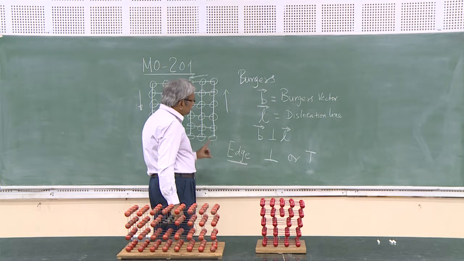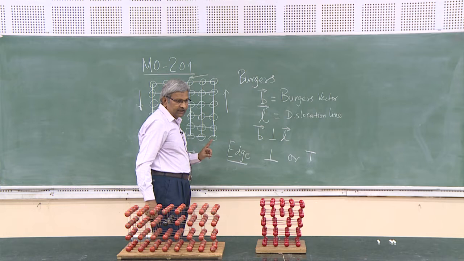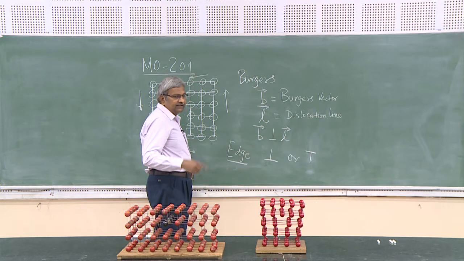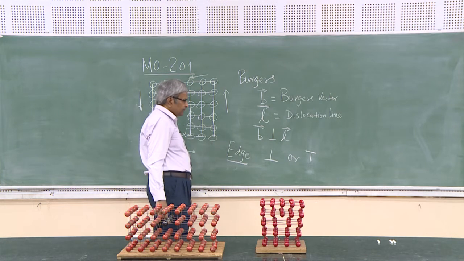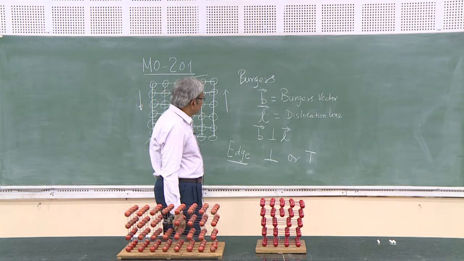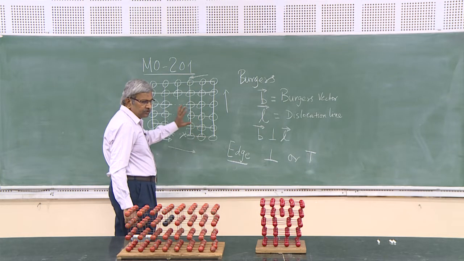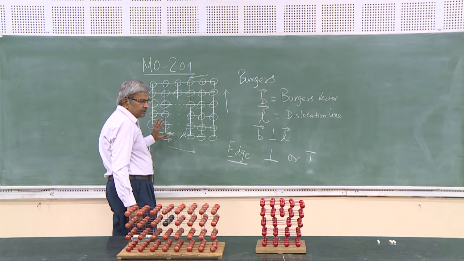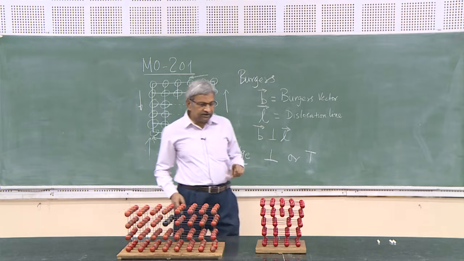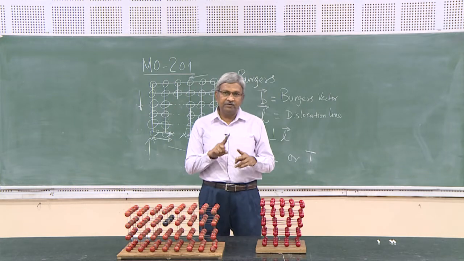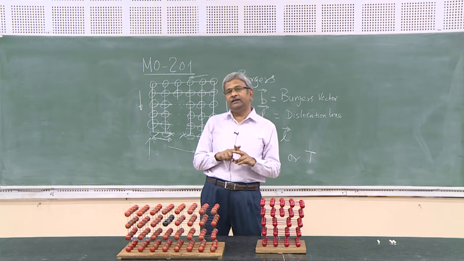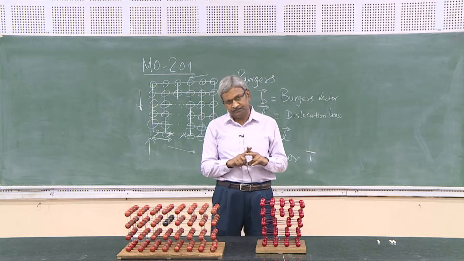If you have understood this, I request you to understand another type of dislocation which is the screw type. So, this is all about the edge dislocation. This is the geometry you have to remember. Dislocation line and the Burgers vector are at 90 degrees in edge dislocation.